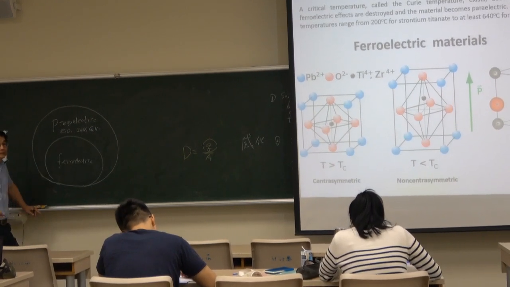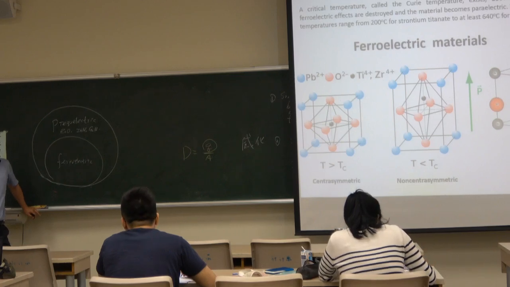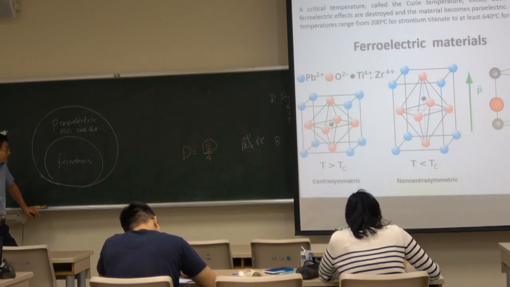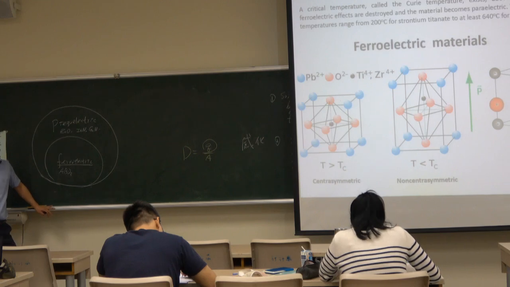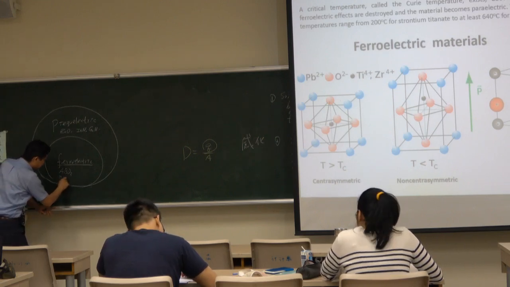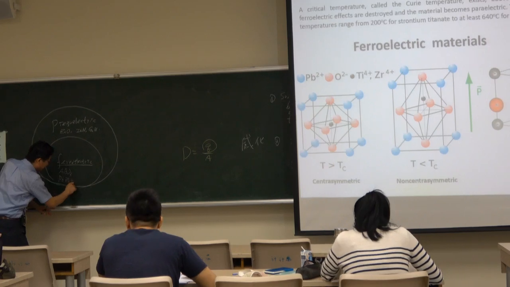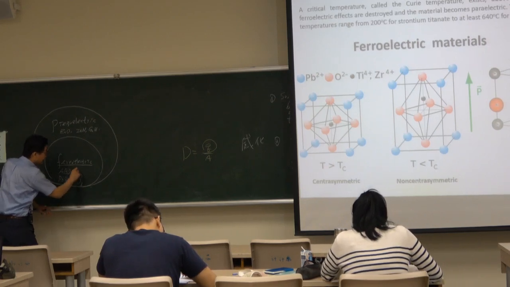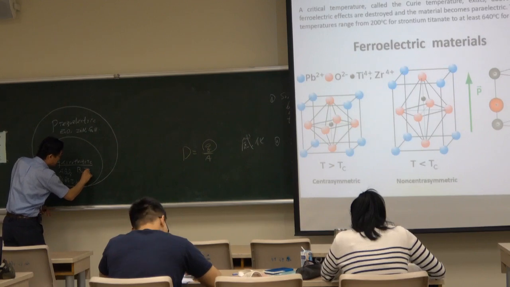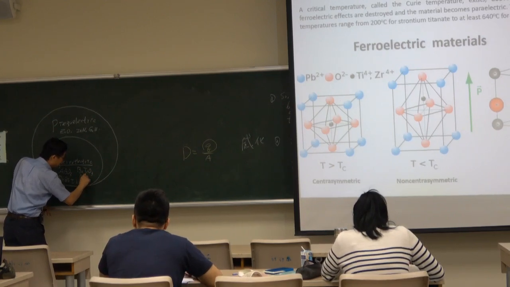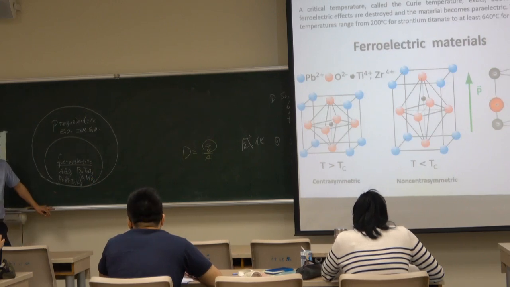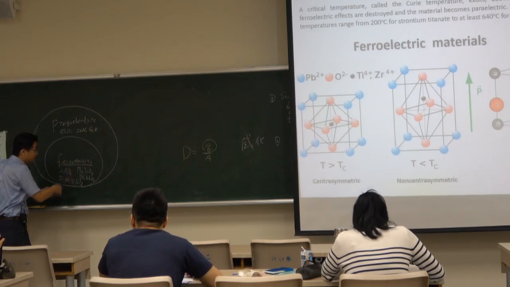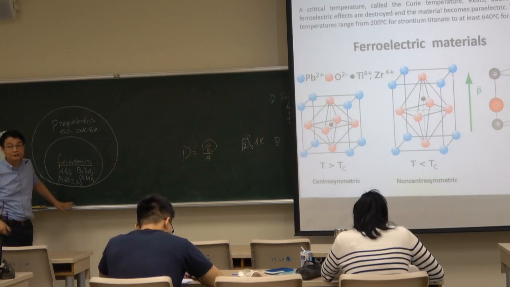Most of them consist of two components. And most ferroelectric materials are ABO3, like PZT, PbZrTiO3, BaTiO3, NaNbO3. Those are similar to this structure.